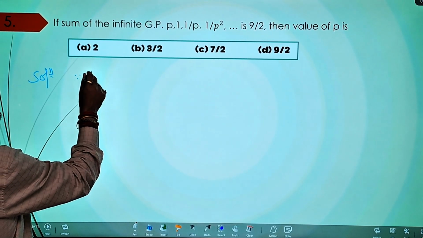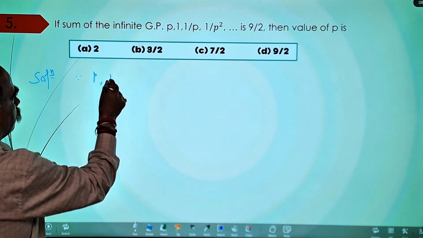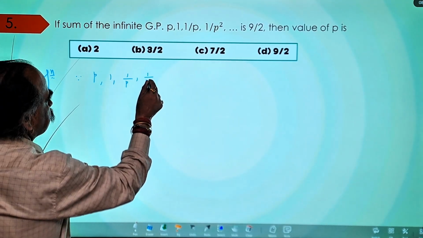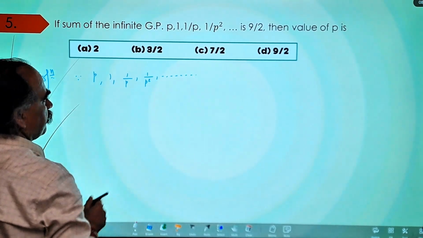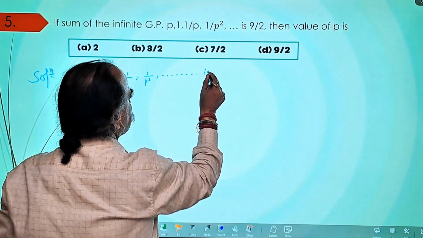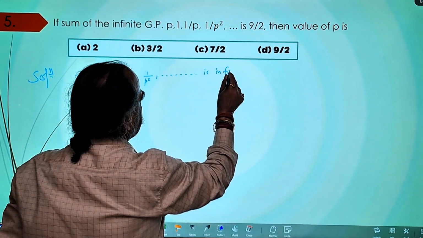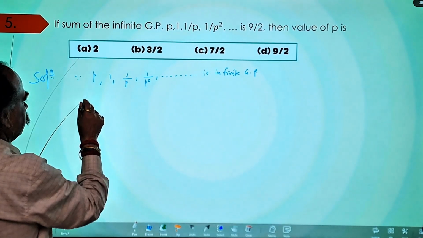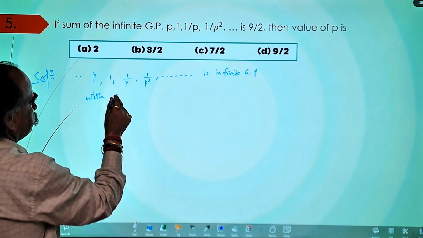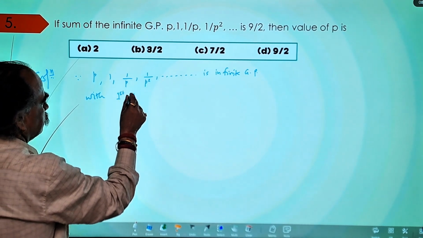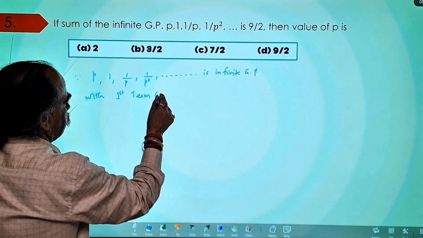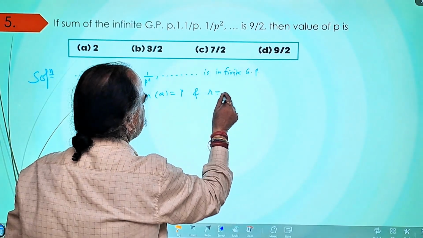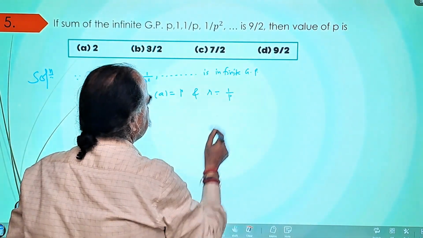Since p, 1 by p, 1 by p square and so on is an infinite GP with first term a is equal to p and r is equal to 1 upon p.